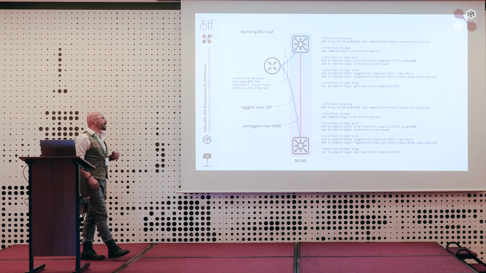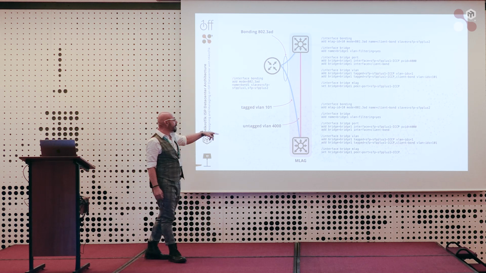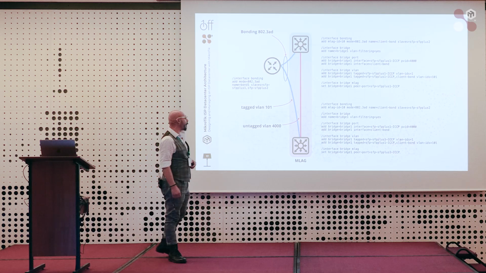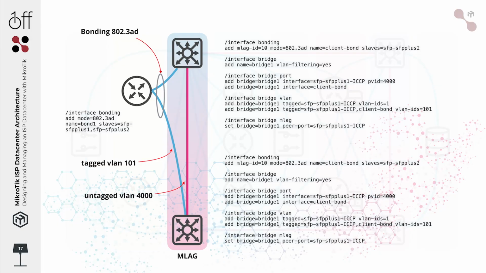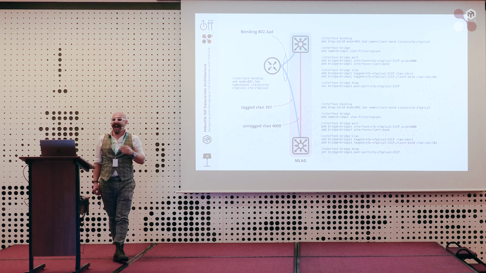This is a simple configuration of an MLAG. So the two switches are configured as in this simple code configuration. Please note that the router over there is using a normal 802.3ad bonding interface with two slave interfaces, and the router will see all the interfaces as active.